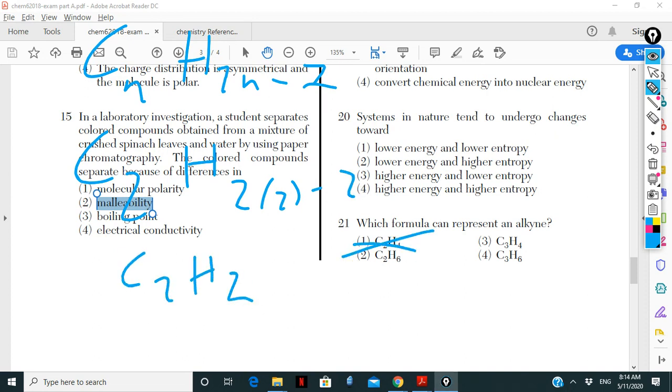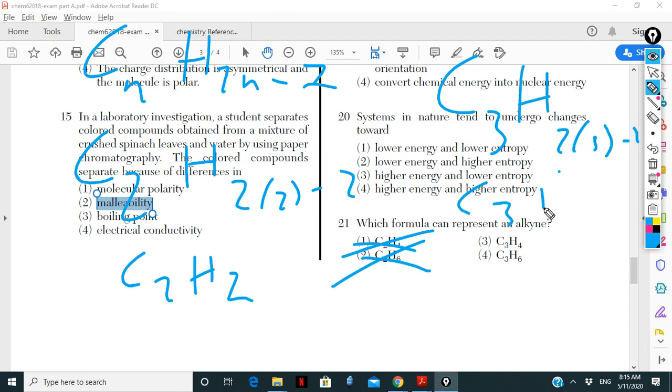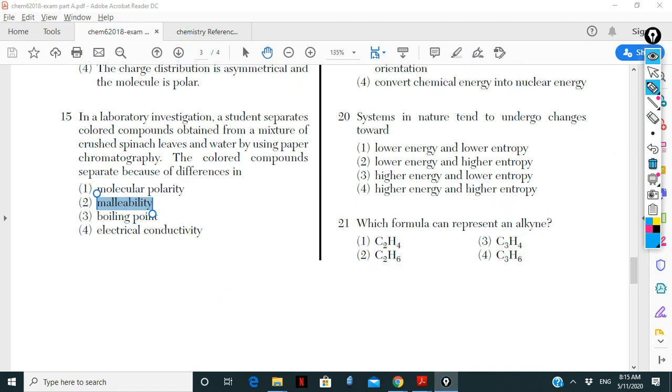So this is incorrect, it's not an alkyne formula. Now for 2, I should have 2, so this is also incorrect. Now I'm going to do 3. C3, H2 times 3 minus 2, so it's C3H4. That's the one. The answer is 3. So I applied the rule for alkyne formulas.